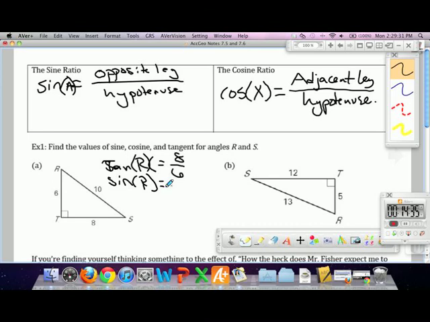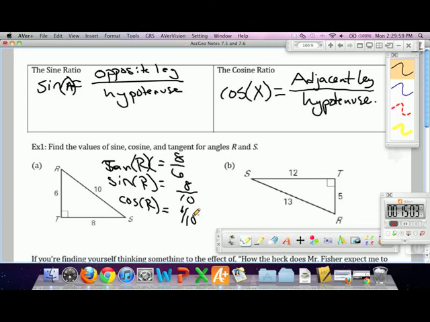So angle r, what's the opposite leg? 8. And the hypotenuse is 10. What would be the cosine? 6 over 10. Cosine is adjacent leg over hypotenuse.